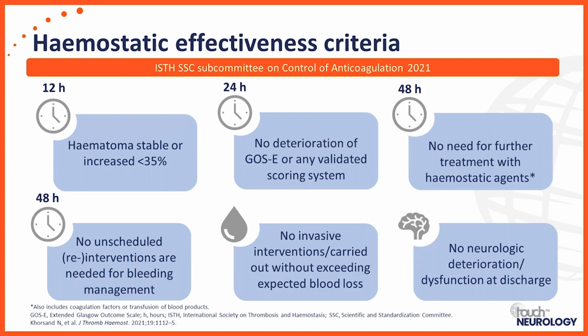There are broader scales like the Glasgow Outcome Scale or the Modified Rankin Scale that aren't really validated in that early period, but can be a good way to measure the function of a patient across time. Generally, it's considered a failure, and it certainly was in the clinical trials, if you have to administer additional hemostatic agents or coagulation factors in addition to the reversal agent. It's less important that you did it and caused the failure of the antibiotic, rather it's why you had to do it, right?